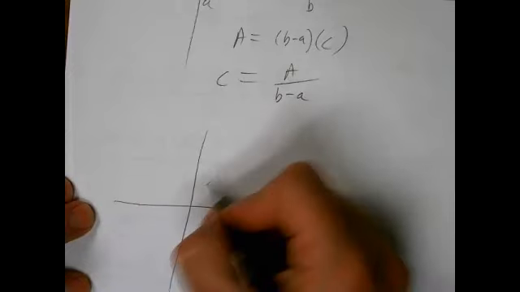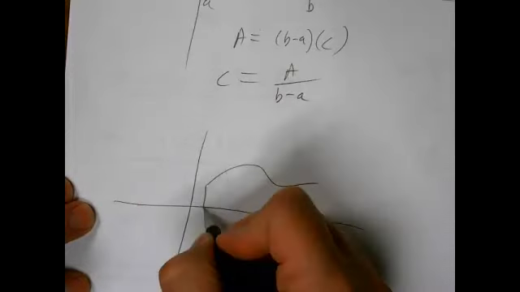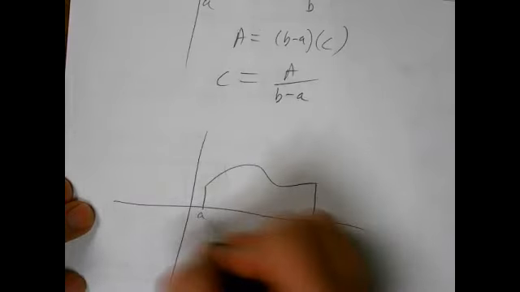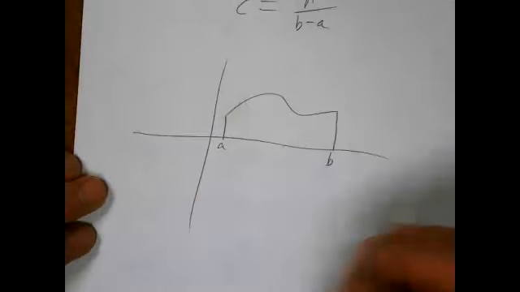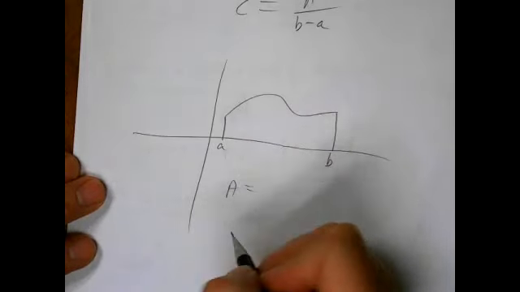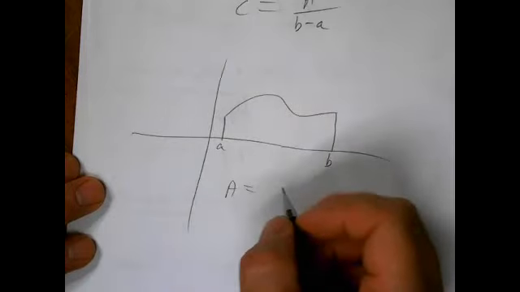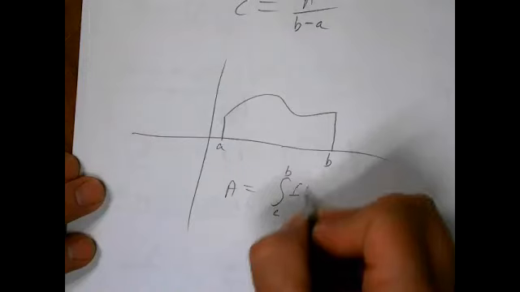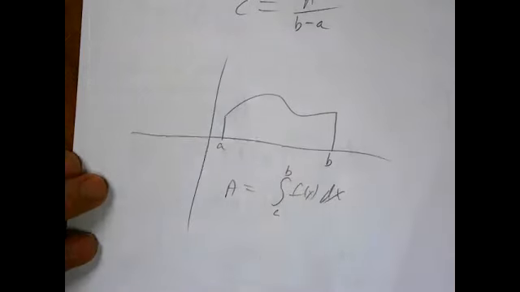Except if you have a function whose height fluctuates, moving from a to b, then the area, if you found it, would be the integral from a to b of f of x dx.